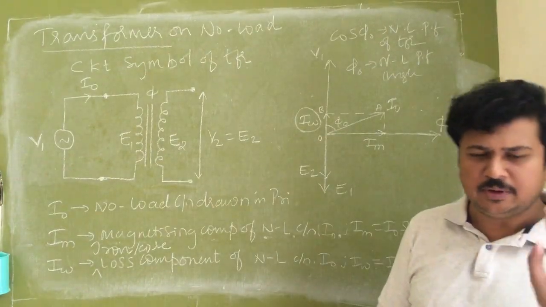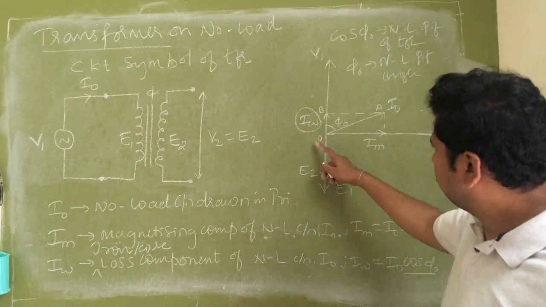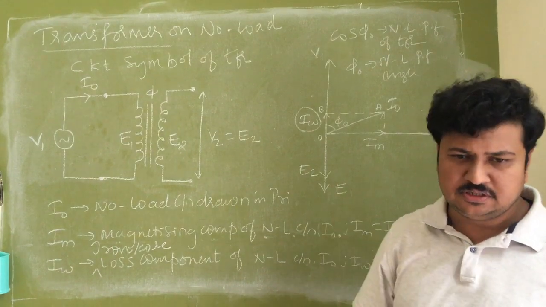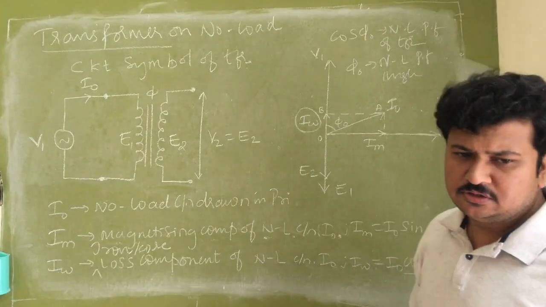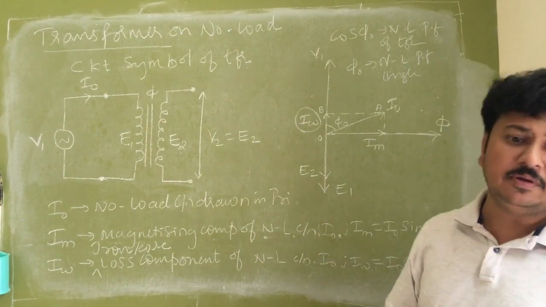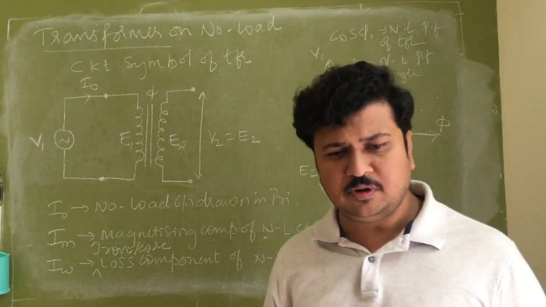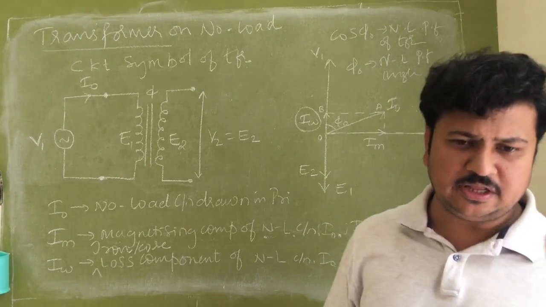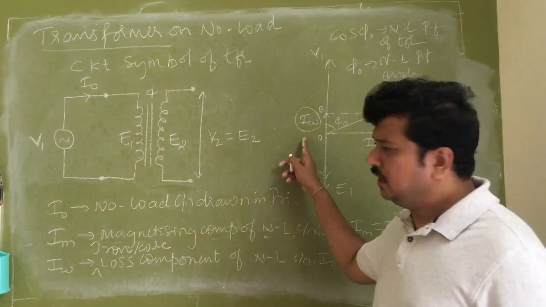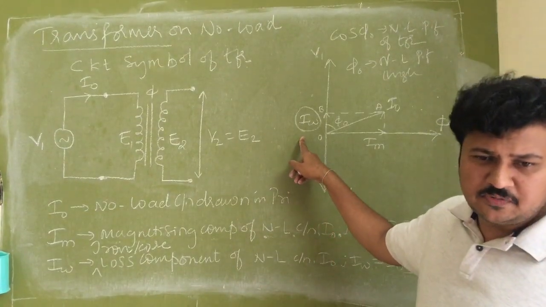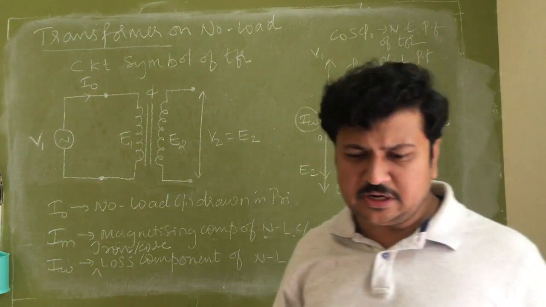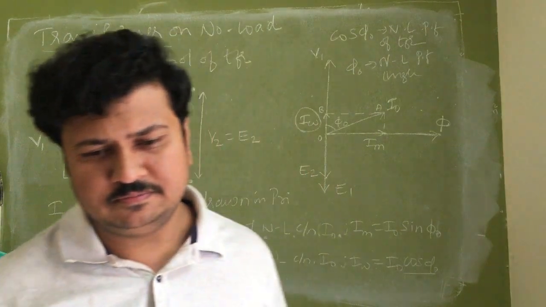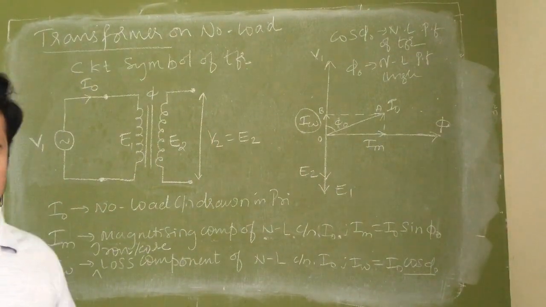This you nail in your mind. Okay? Active component always causes power loss. Reactive component always causes magnetization. Any reactive component, however large or small it is, creates magnetization. Any active component, I cos phi, is always creating power loss, or work done.